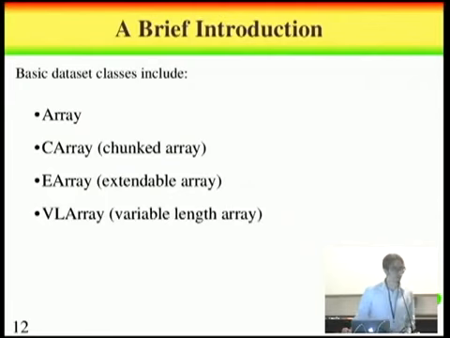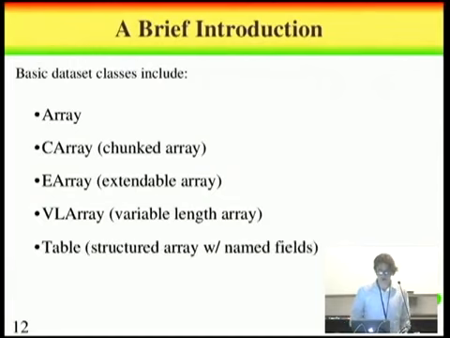There's a variable length array, or a ragged array, where elements don't have to be the same size in terms of the number of bytes they keep. And finally, the penultimate data structure that the package itself is named after is the table, which is basically a structured array with named fields.